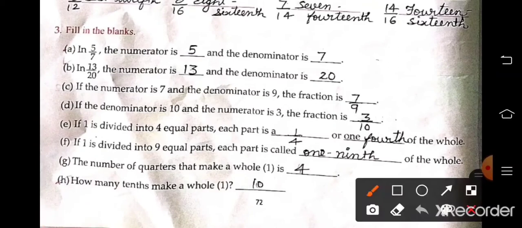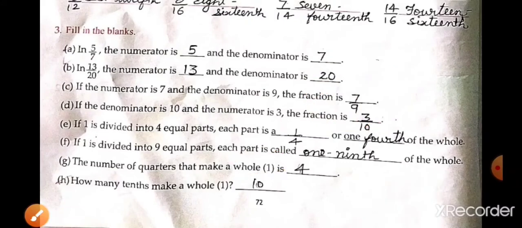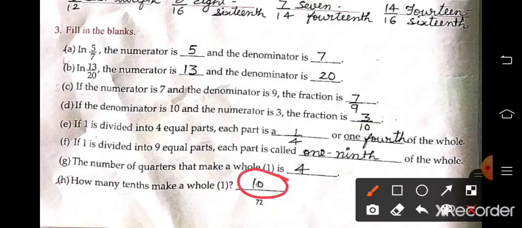G part, the number of quarters that make a whole is 4. Okay, the number of quarters, that is 4 parts, make a whole. How many tens make a whole? 10. Okay, so this is fill in the blanks.